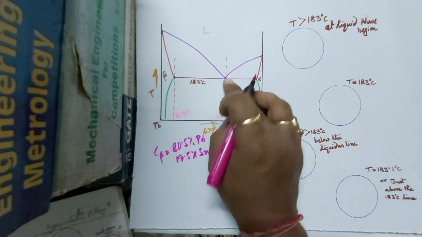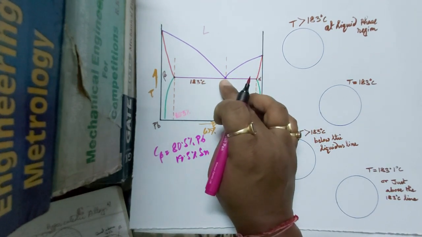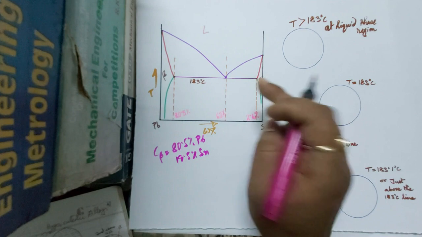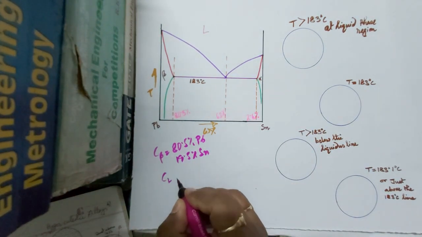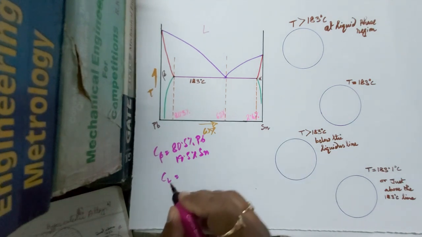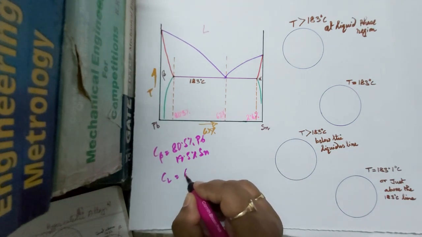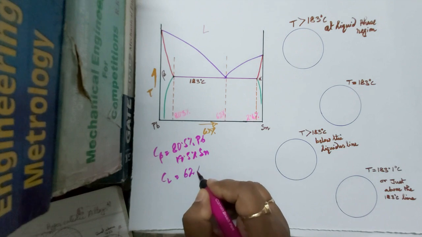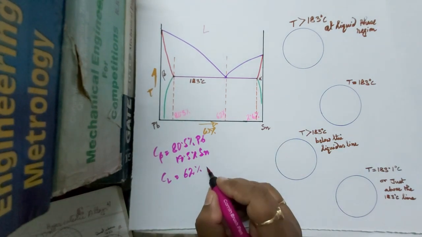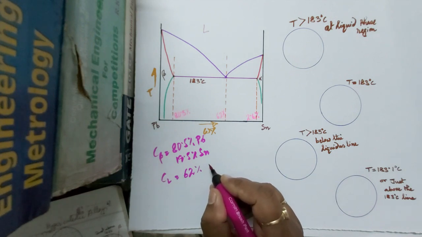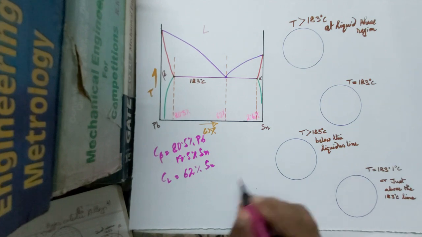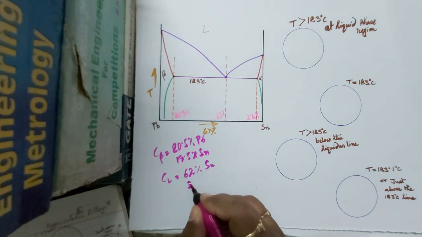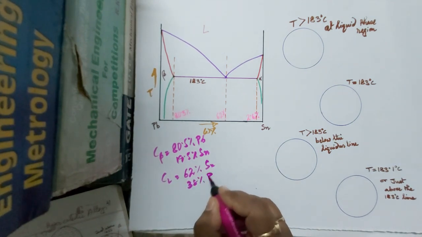And here, this point is known as the eutectic point. At the eutectic point, the composition is 62% of Sn and the remaining 38% of Pb.